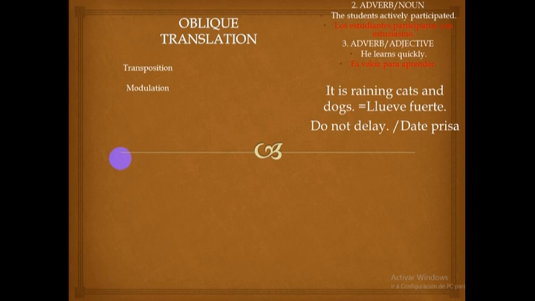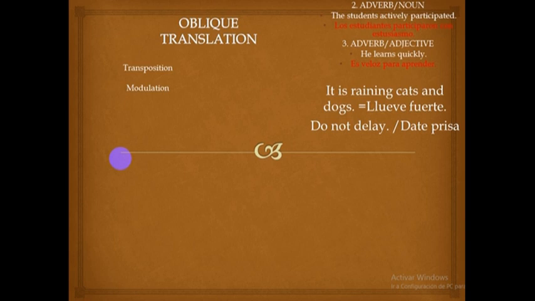So the first sentence contains an idiom: cats and dogs. It is raining cats and dogs. Okay, you cannot make a literal translation. The correct translation in Spanish is llueve fuerte.